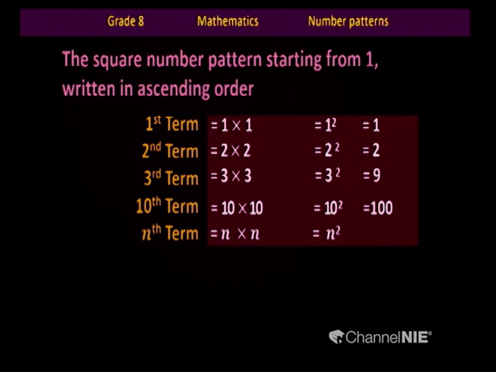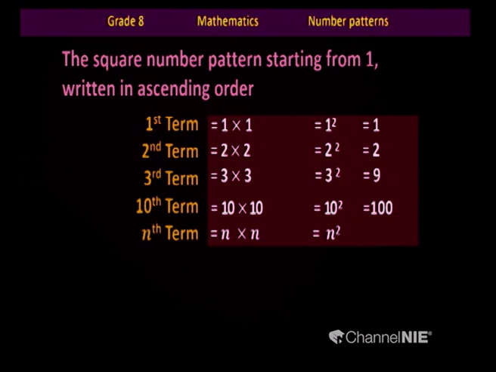So the first term, as I have mentioned before, is 1 multiplied by 1, that is 1 squared. That means the value of the first term is 1. Likewise, the value of the second term can be obtained by multiplying 2 by 2, that is 2 squared, which equals 4.